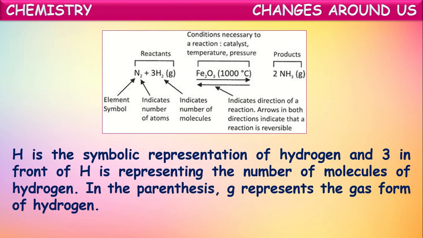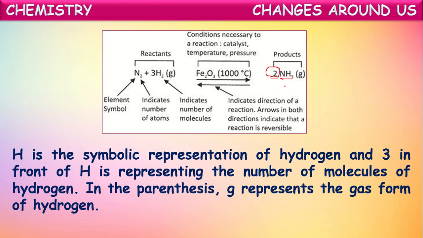And if you see here, in the same reaction, H is a symbolic representation of hydrogen. And the 3 in front of the formula of hydrogen represents the number of molecules of hydrogen. We have studied this. Here also you can observe, in front of the molecular formula of ammonia, 2 is written.